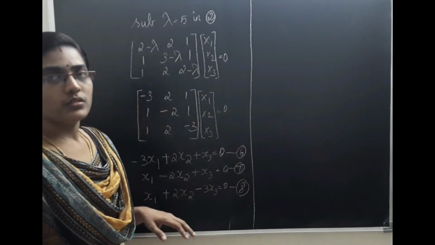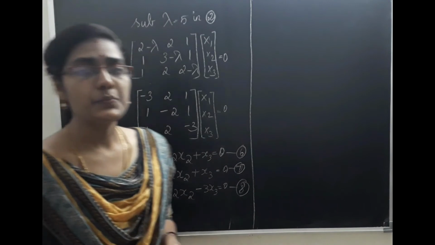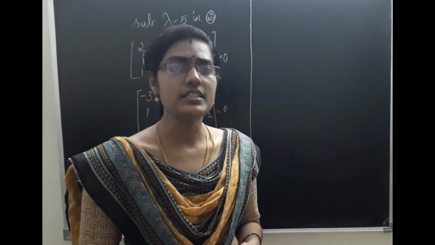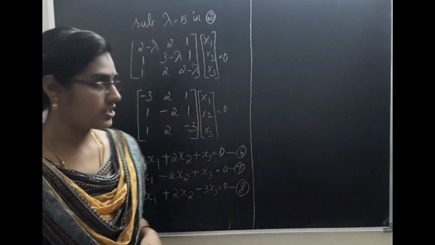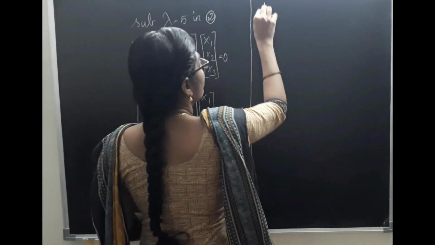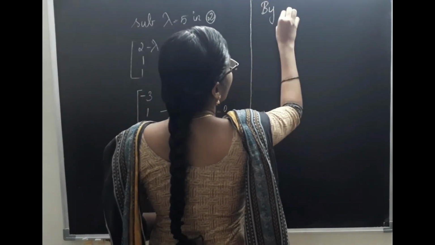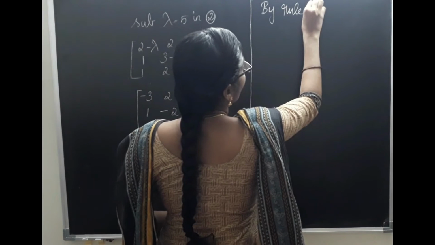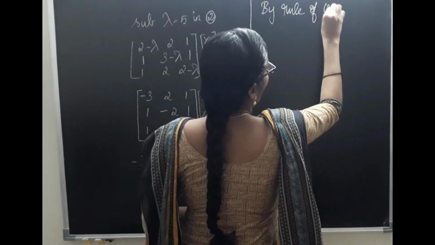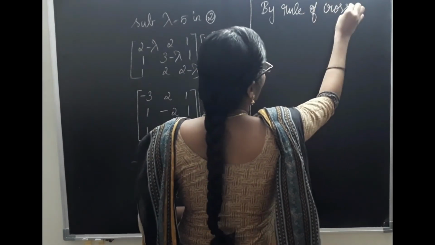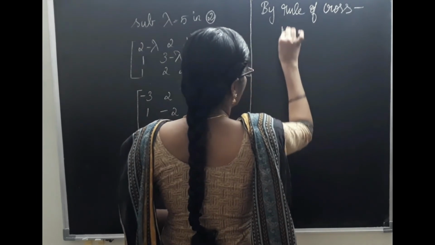Now we need to solve these equations. A simple way for solving these equations is by the rule of cross multiplication. So we will solve it by the rule of cross multiplication.